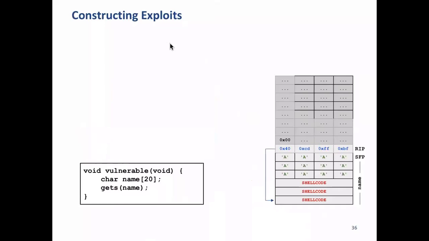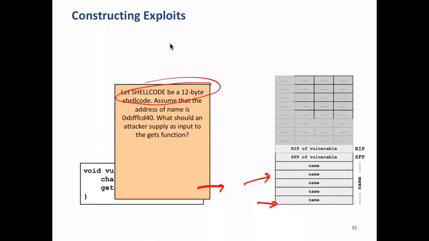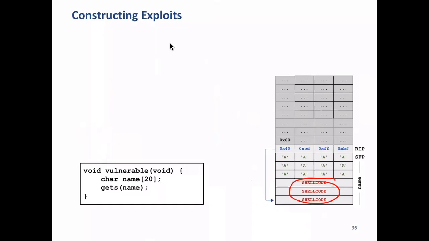So let's look at this one. Now you put the shellcode here. Instead of putting all A's, since it's 12 bytes, put the shellcode here. And for this RIP, you should give the address of where the shellcode is starting.